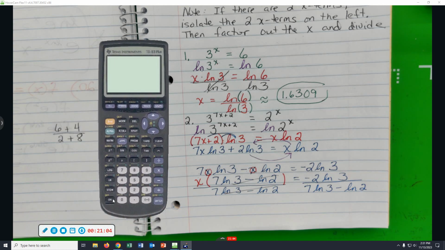What if I punch this into my calculator? If I punched in 6 plus 4 divided by 2 plus 8, it's not going to give me a 1. It's going to give me, what, a 16? Let's see. What did I do wrong? The calculator didn't mess up. I messed up punching it into the calculator. What would I need to do here to make it give me a 1?